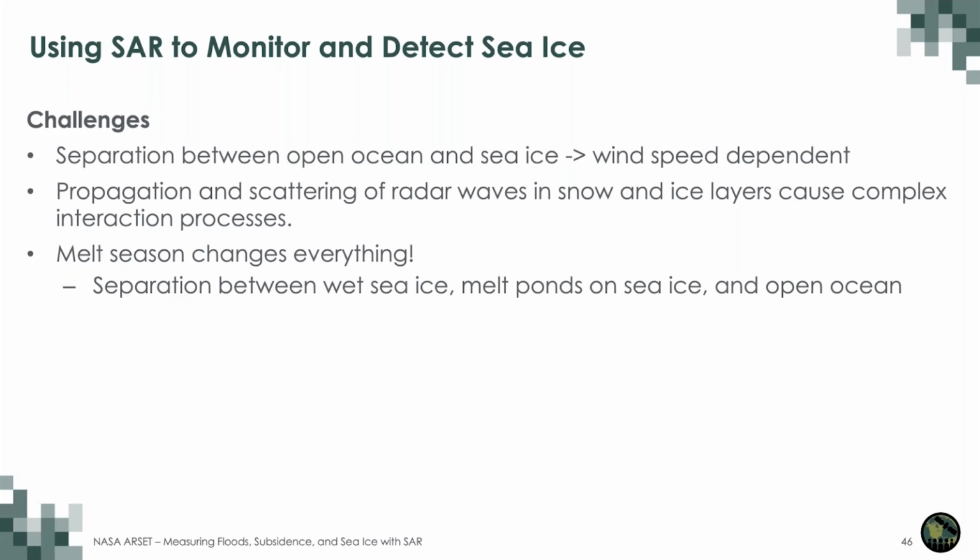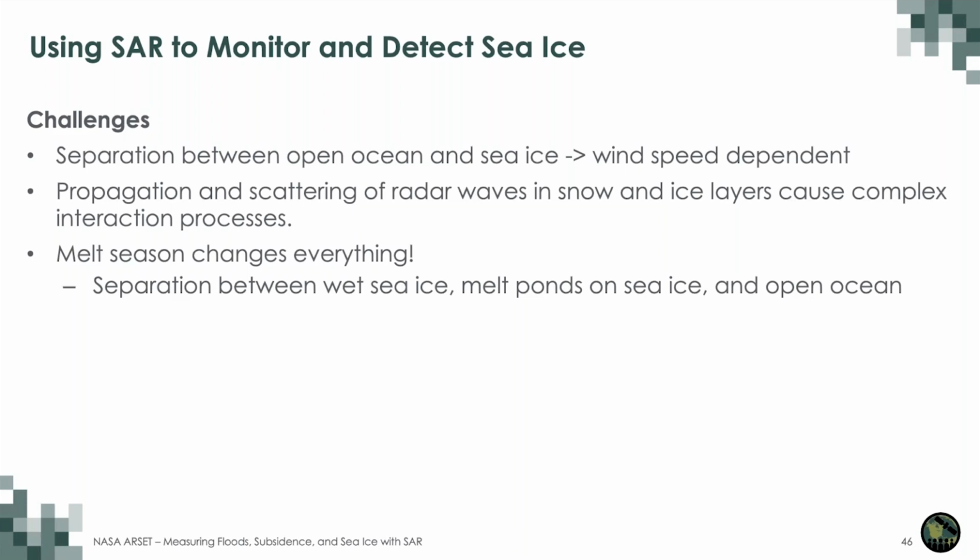We also have the propagation and scattering of radar waves in snow and ice layers that cause complex interaction processes. It is therefore challenging to come up with one solution that will work year-round, be it AI, machine learning based, or a manual classification based type.